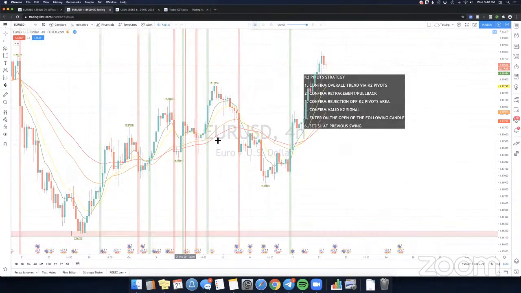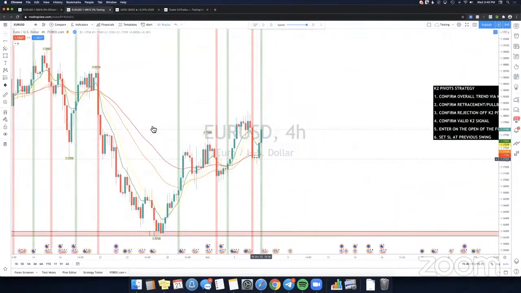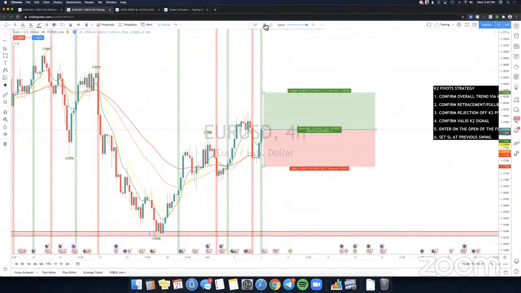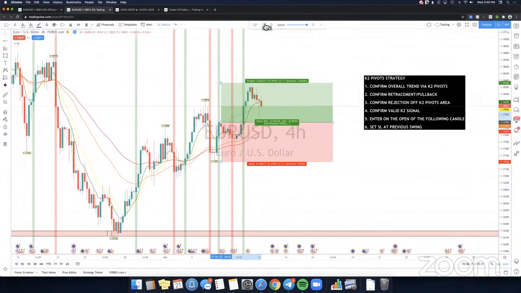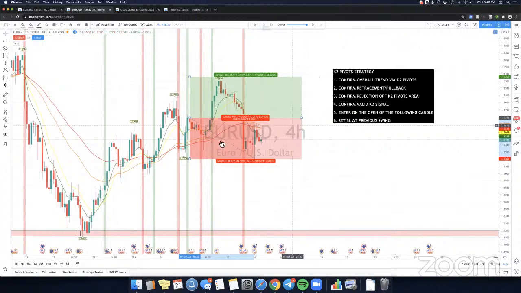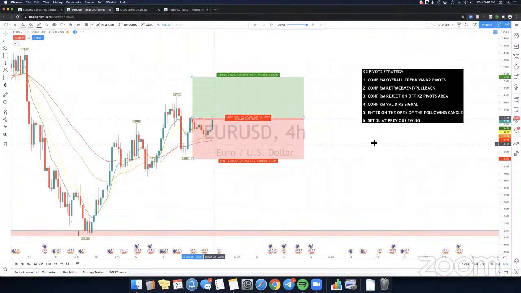Like even right here, there'd be an entry here for a pivot in our long position. And if we enter that, well, the stop loss looks a little wide. Let's just go back over here.